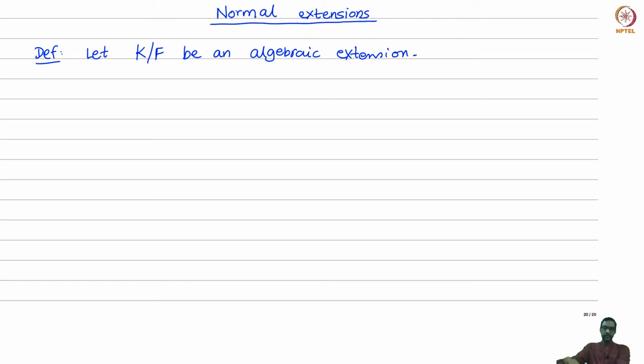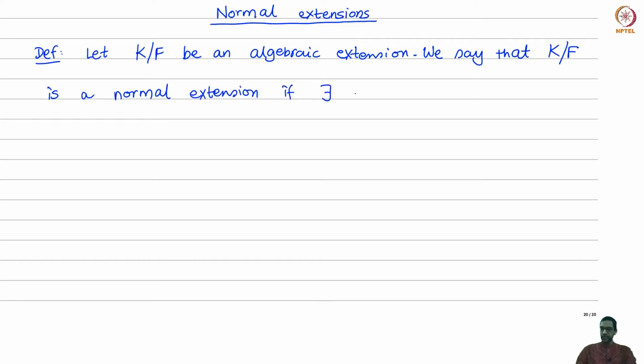We say that K is a normal extension, or the extension K over F is normal, if there exists a collection of polynomials, f_i(x), i running over some index set, so it could be an infinite collection of polynomials, with coefficients in F[x].